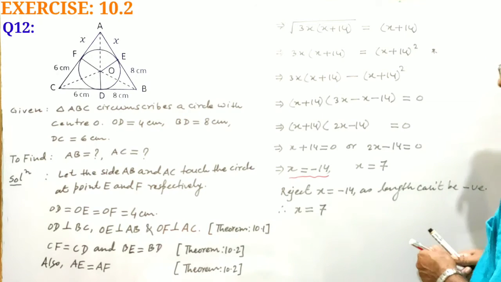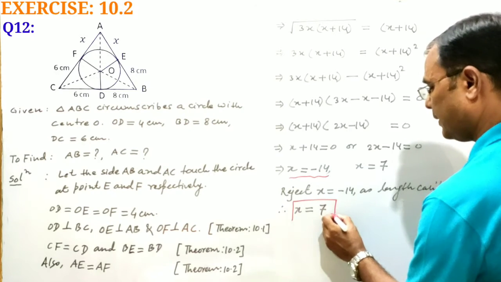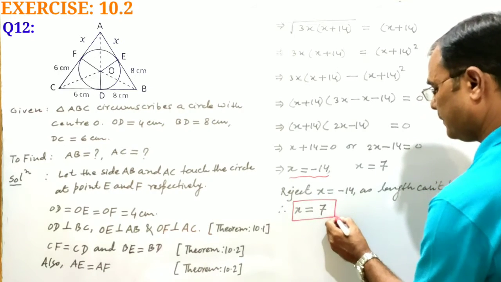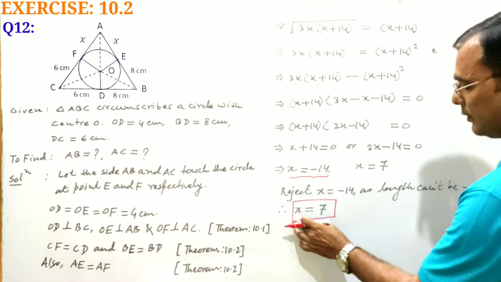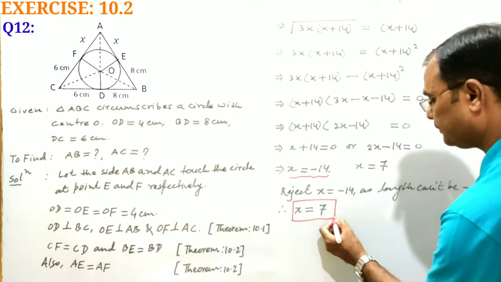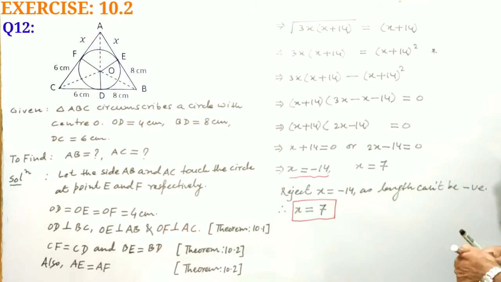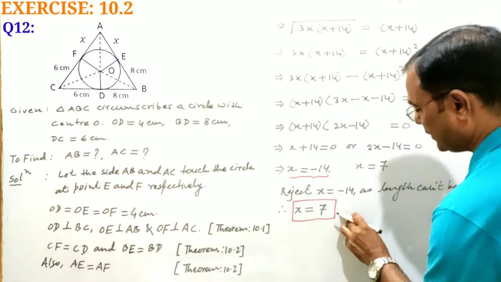This is the final value of x that we have got here, and when we have got the value of x, then we can find sides AB and AC of triangle ABC.